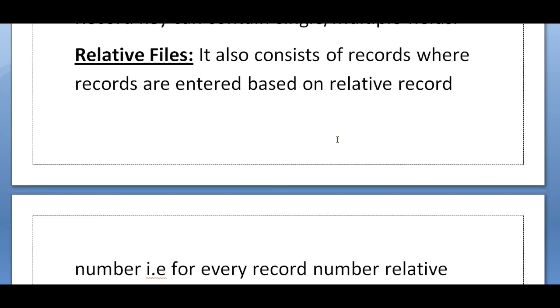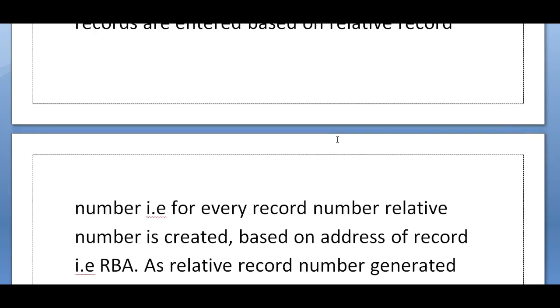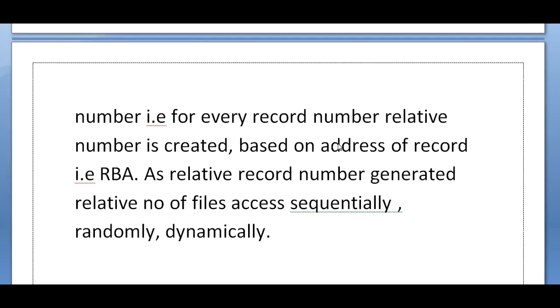Coming to the relative file, it also consists of records, where records are entered based on relative record number. That is, for every record, a relative number is created based on the address of the record, that is RBA. Whereas in an indexed file we have an index, in a relative file we retrieve the record based on the relative address.